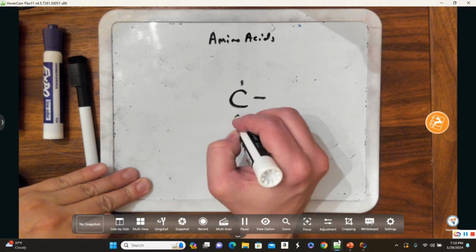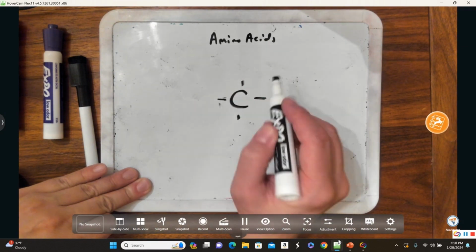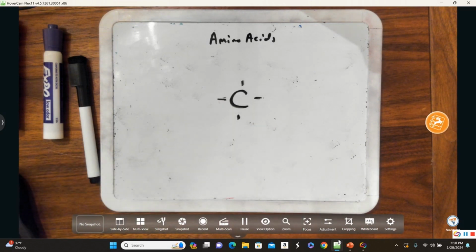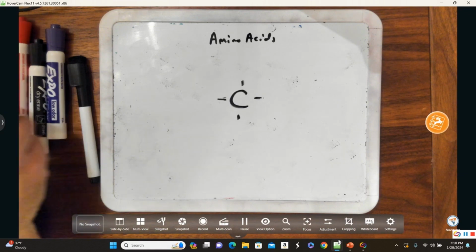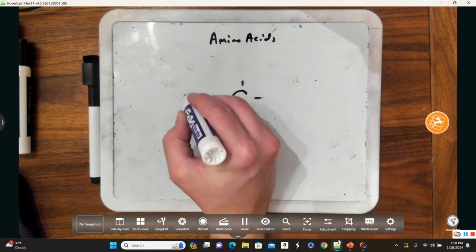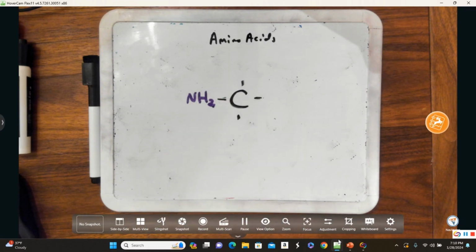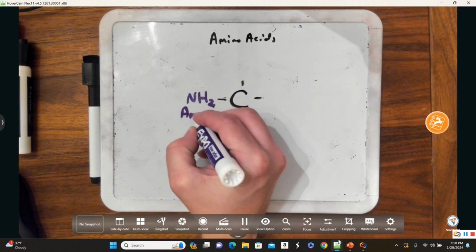Carbon has the capacity to form 4 covalent bonds. We refer to that as being tetravalent. Now, because carbon is tetravalent, it likes to bond to some things. One of the things it likes to bond to is an NH2, which is called an amino group.